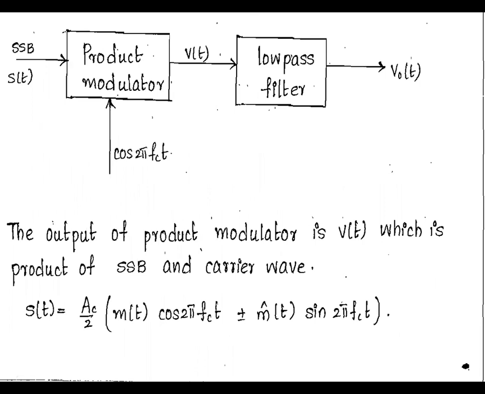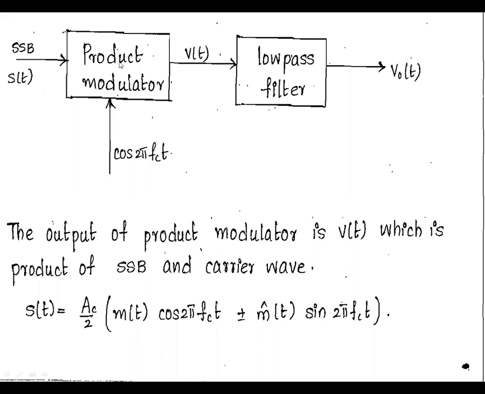Now see the block diagram. This is the block diagram. The SSB signal is s of t, either upper sideband or lower sideband, given to the product multiplier. Another input of the product multiplier is cos 2 pi f c t, which is the carrier at the receiver side.